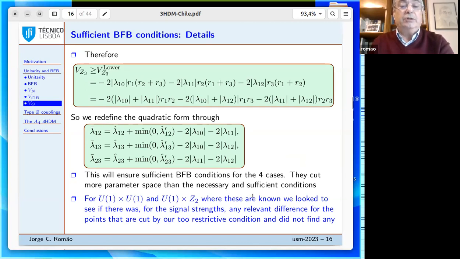Then, of course, this is not a proof. This is just an indication that perhaps it's not too bad just to consider sufficient conditions. But the problem is that if you don't know how to have necessary and sufficient conditions, it is better to use sufficiency, because if you use sufficiency, you are safe. Although you might throw away some physics that you don't know yet.